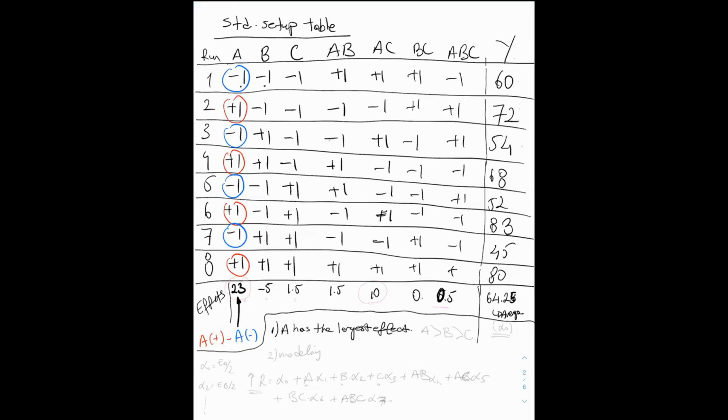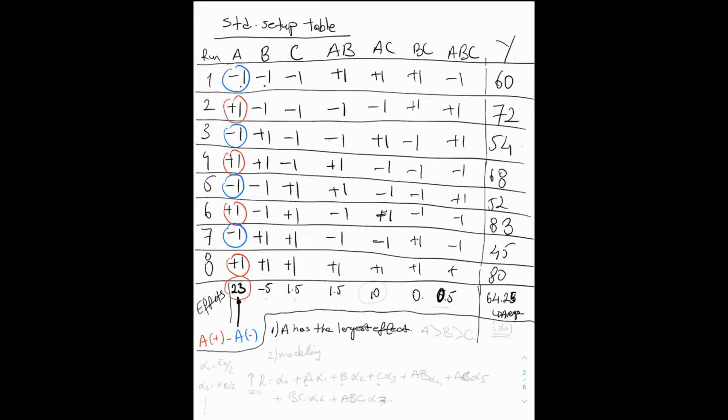Right, so without a doubt that the 23 is the largest effect in this. So that means that it has the largest effect on the curing bonding strength, okay?